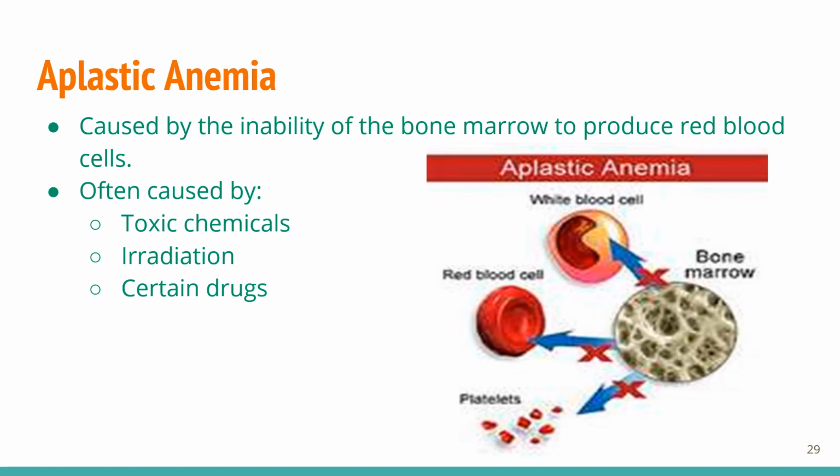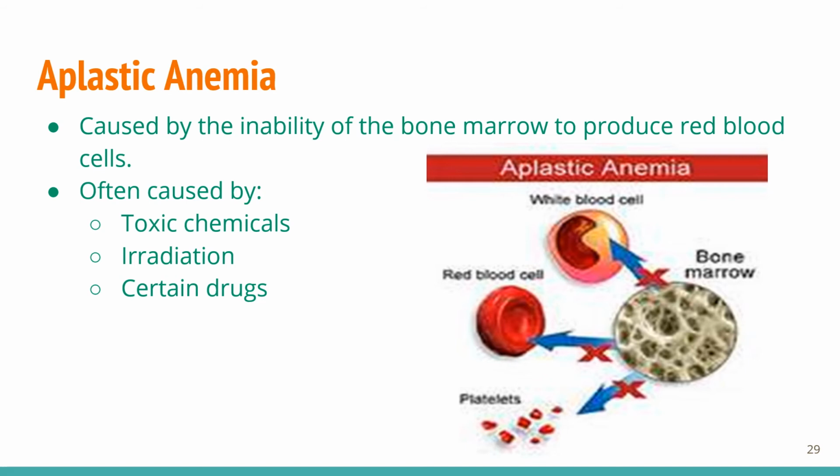You are generally going to treat this with a bone marrow transplant, the most successful way of treating it. Otherwise, if it is not treated, the death rate is about 70% for aplastic anemia, with about a 3 to 4 month prognosis after you're diagnosed. You only have about 3 to 4 months to live if you can't get a bone marrow transplant.